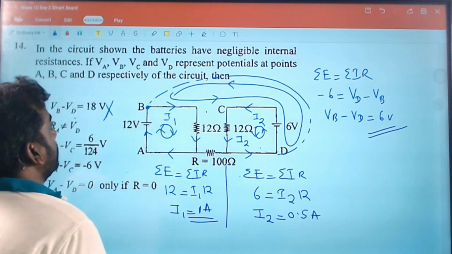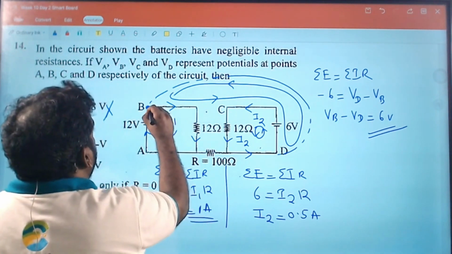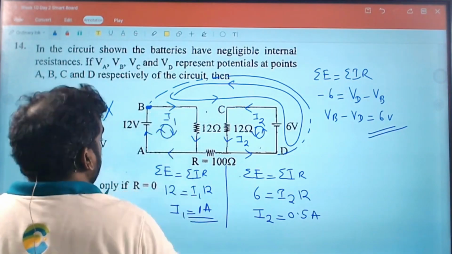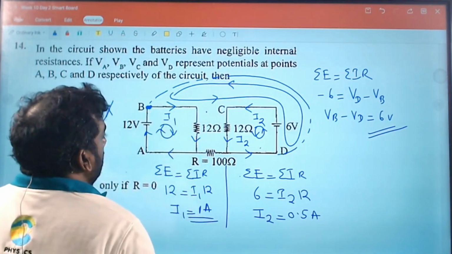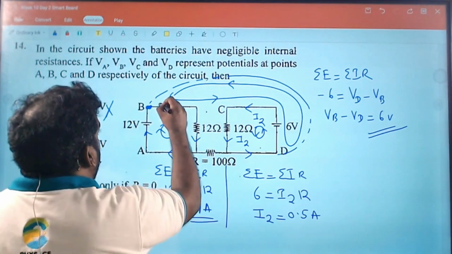VBC. Voltage between B and C. Apply loop carefully.